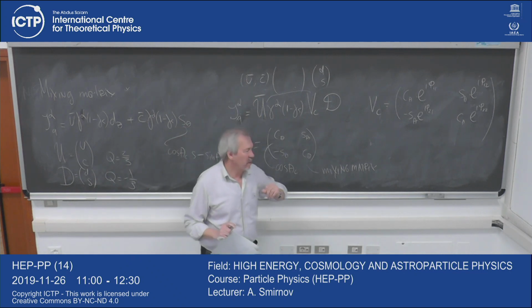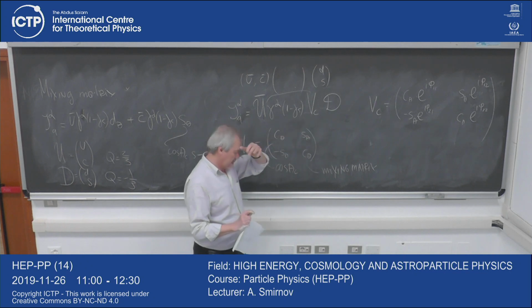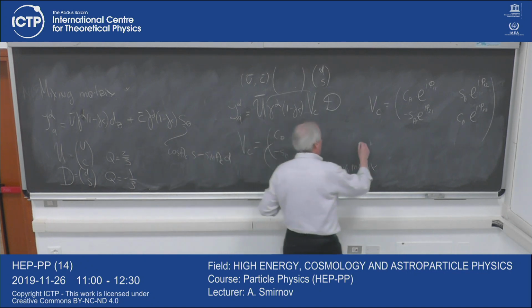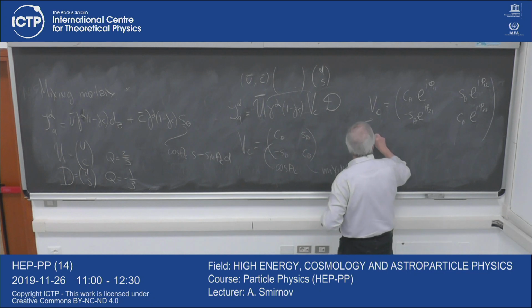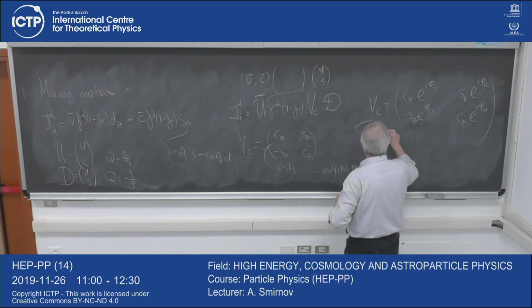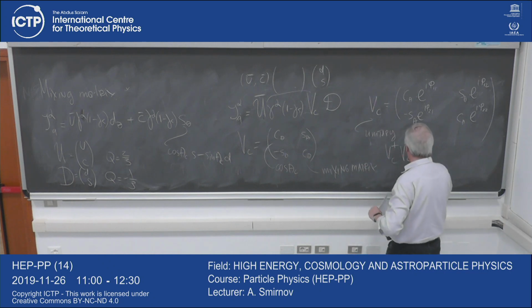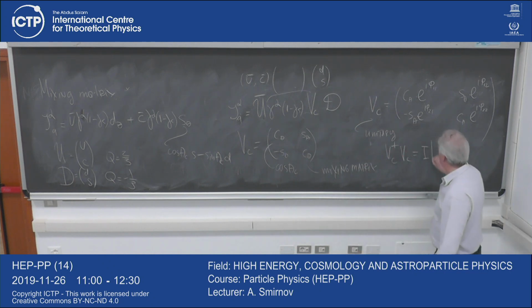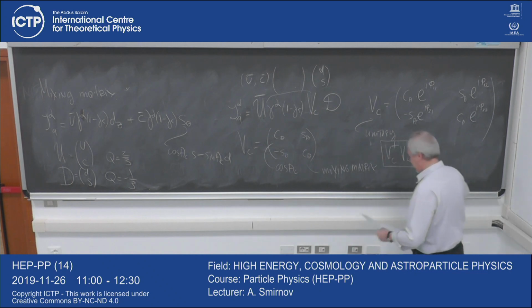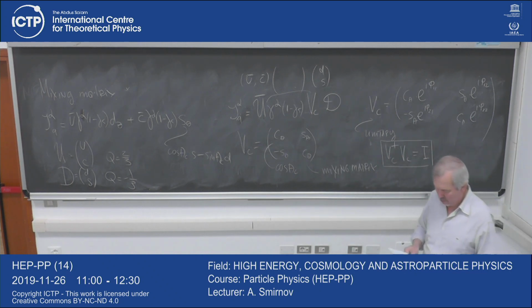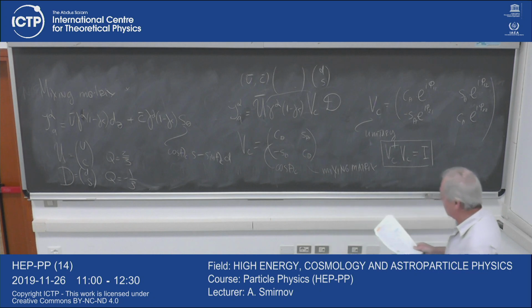So we do this normalization, and therefore this matrix should be unitary, which means that V_C dagger times V_C is the unit matrix. So this is the unitarity of the matrix. You don't want to change the normalization.